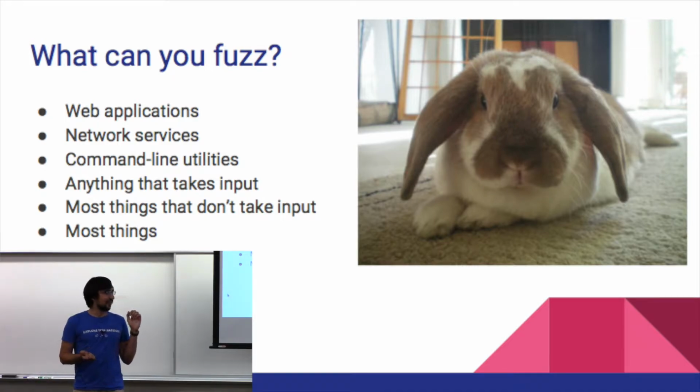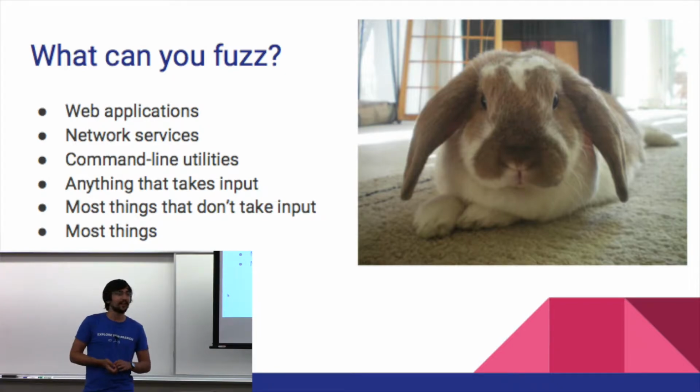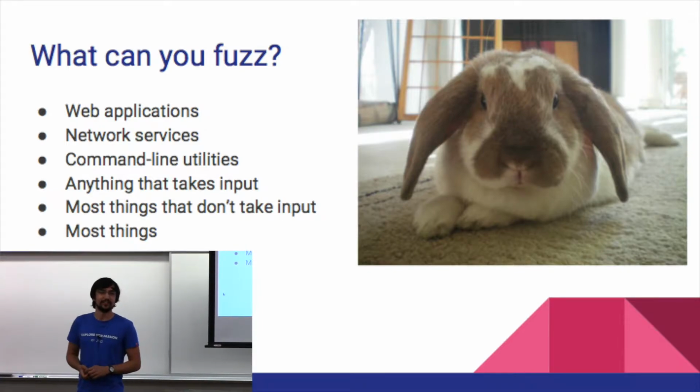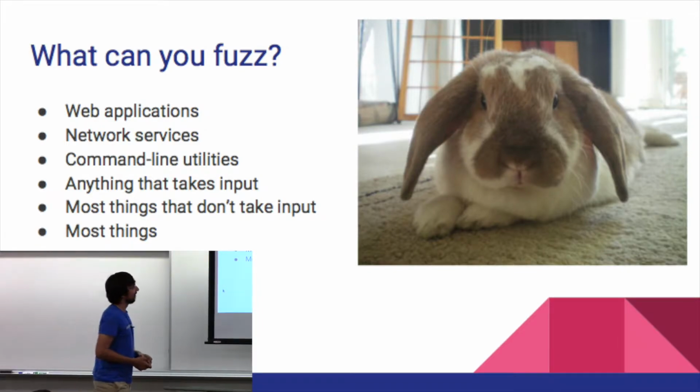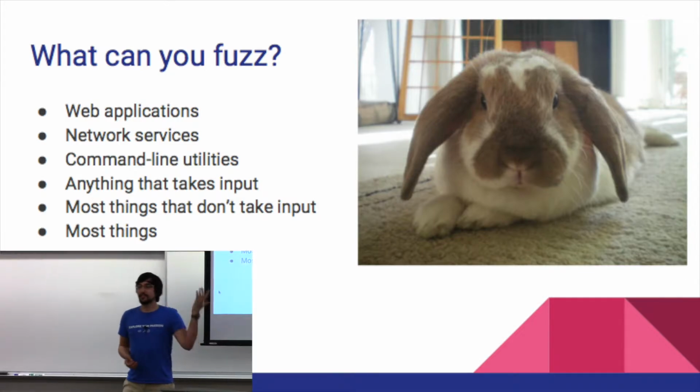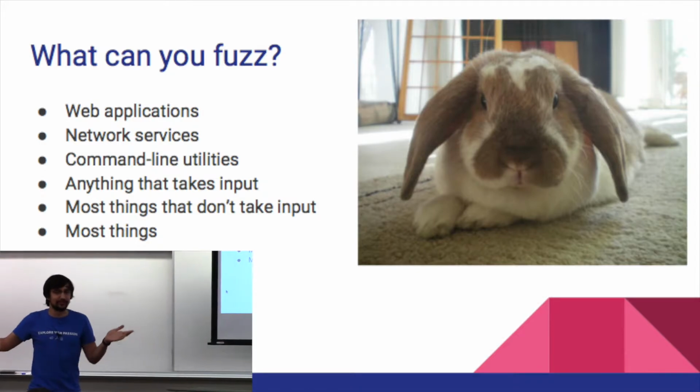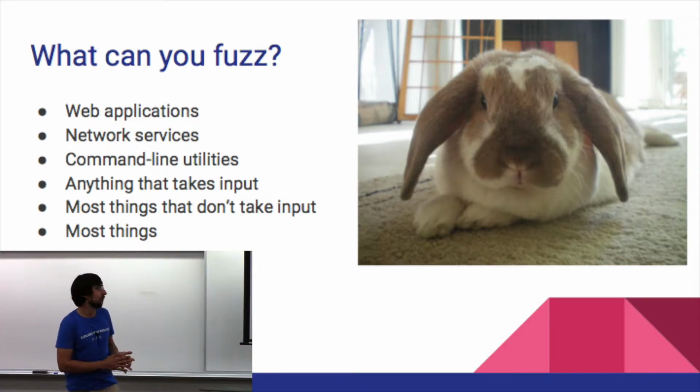And so the setup was that we had another controller that would fill one or more of these buffers with garbage every once in a while, and see if the controller on the other end died at any point, which it did a lot. The programmers were like, yeah, these buffers will all be totally parsable as valid strings, right? Yeah, sure. And so that didn't happen. Because we can fuzz anything that takes input and most things that don't, this is a really big universe of things that we can target with fuzzing.